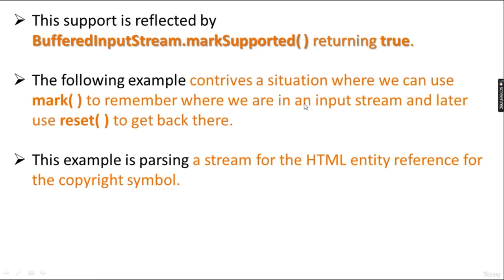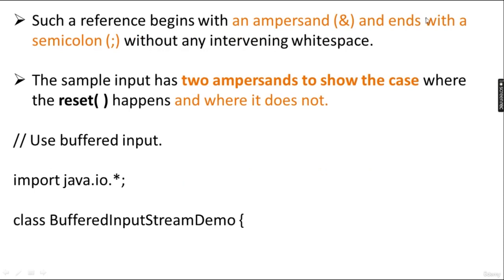First mark, remember where we are in the input stream, and later use reset to get back to that particular location. This example is parsing a string for the HTML entity reference for the copyright symbol. This reference begins with an ampersand and ends with a semicolon without any intervening white space. So whatever is between the ampersand and the semicolon, white space should not be there.